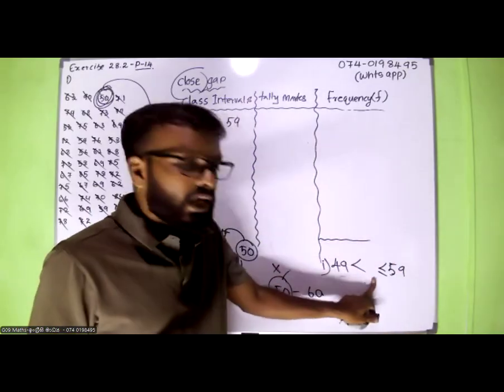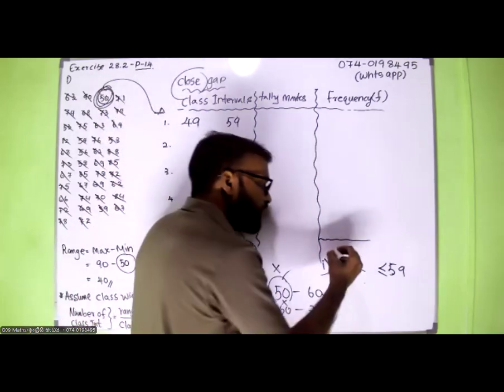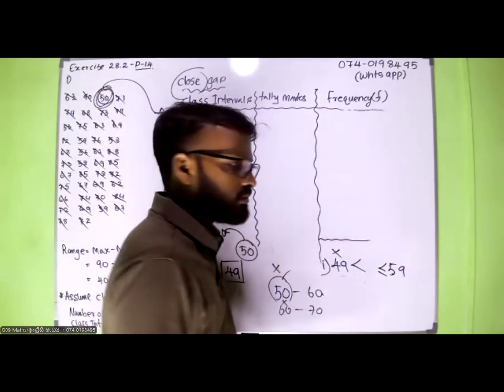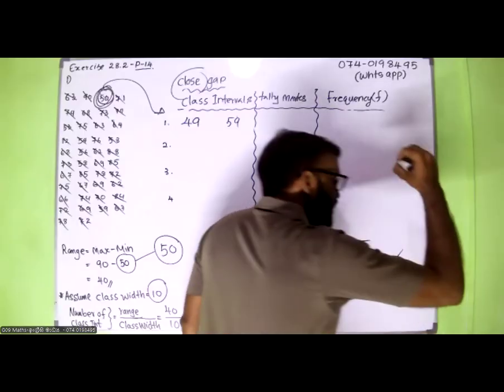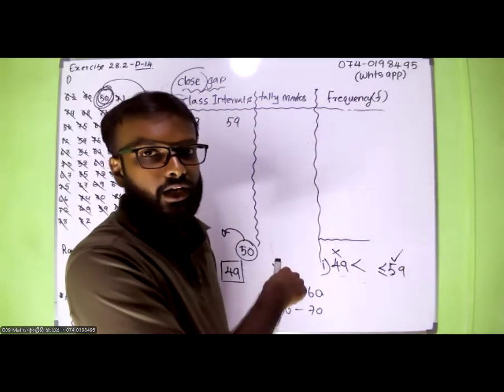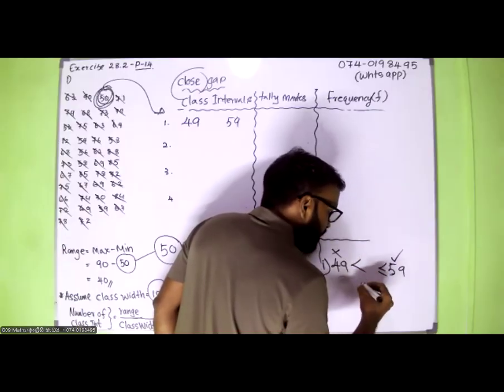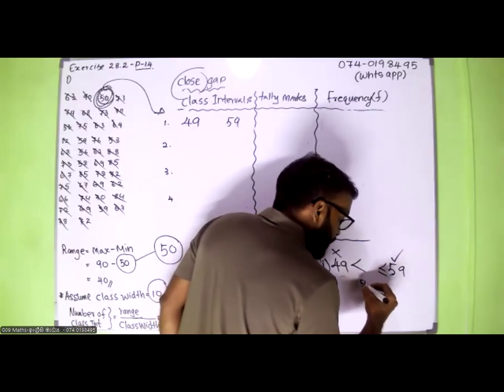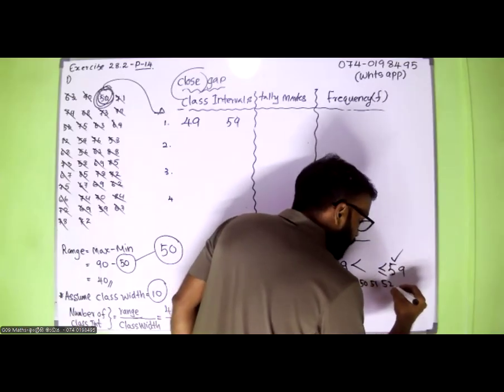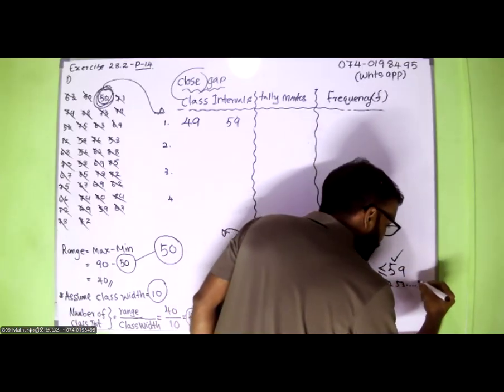So into this class interval, 49 does not belong, but 59 belongs. The values which belong to this class interval are 50, 51, 52, 53, and so on, up to 59.